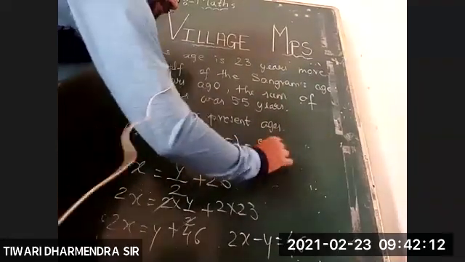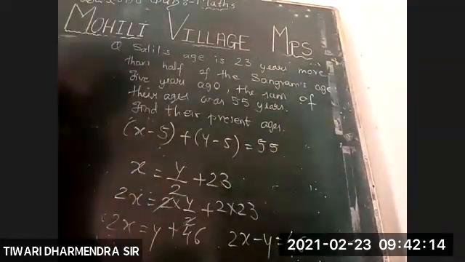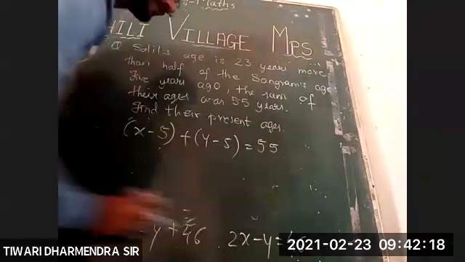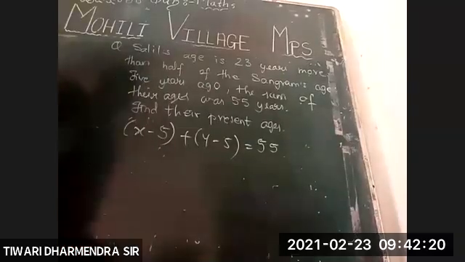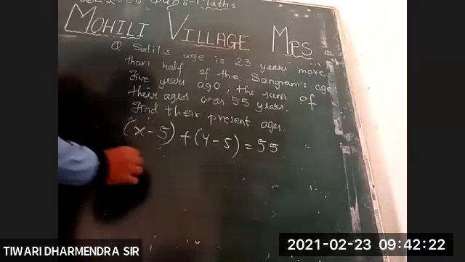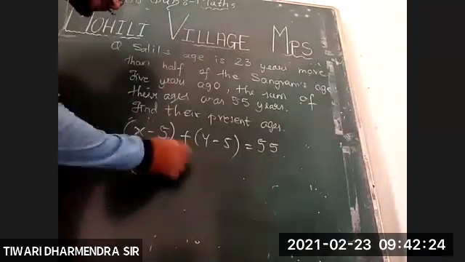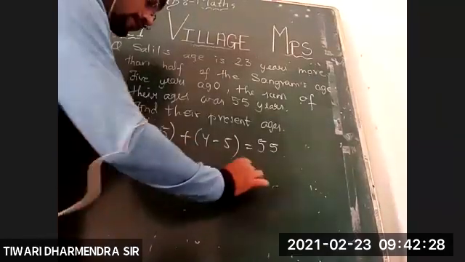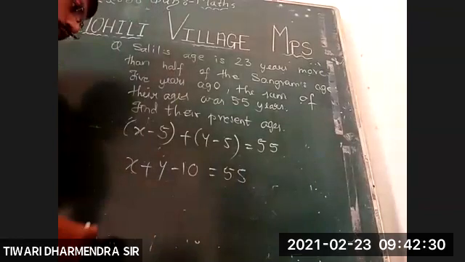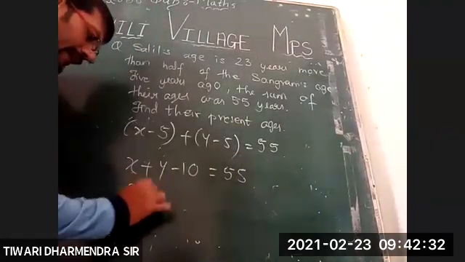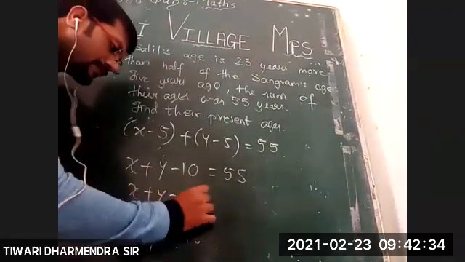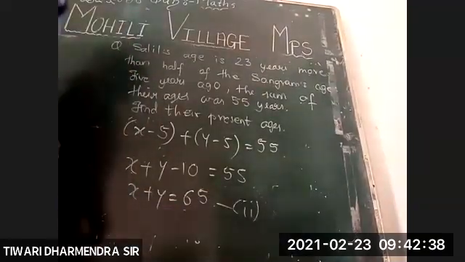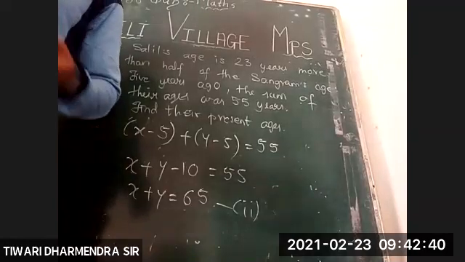So x minus 5 plus y minus 5 is equal to 55. Opening the bracket, x plus y minus 10 is equal to 55. Taking minus 10 to the right hand side, we get x plus y as 65. So this is our equation number 2. We need to solve them simultaneously and get the values of x and y.